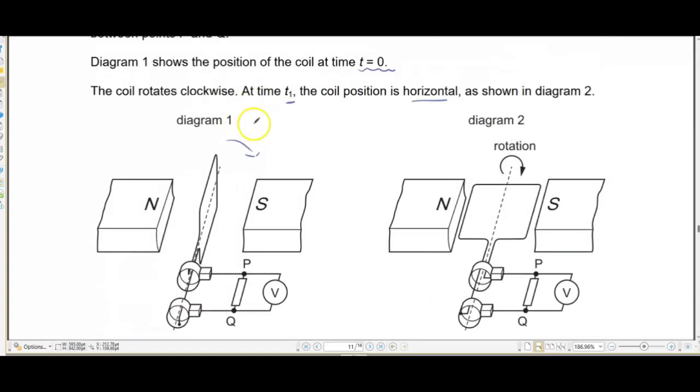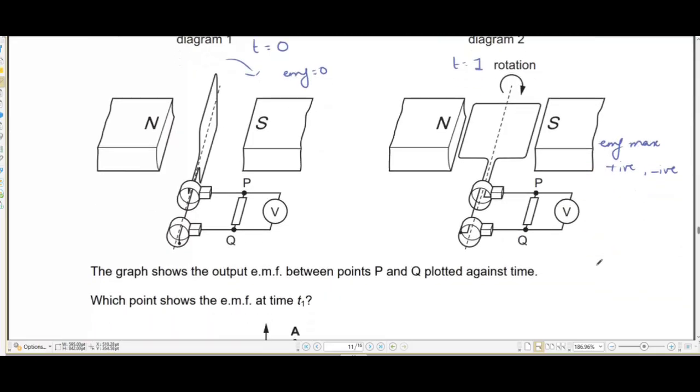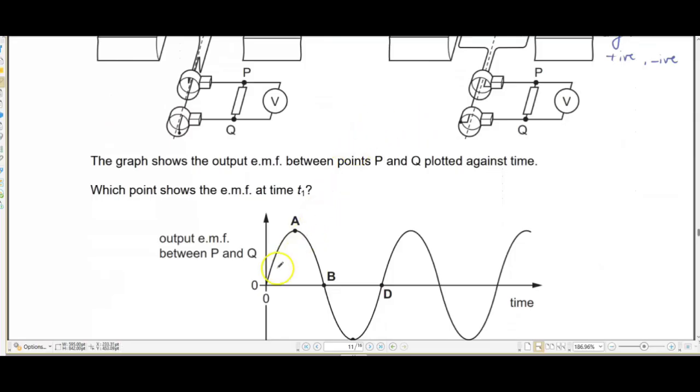Okay, if this is time t0 and this is time t1, we know that when the coil is in the vertical position, the EMF is 0, and when the coil is in the horizontal position, the EMF is maximum, and it might be positive or negative. So at time t0 it's going to be at 0, and at time t1 it's going to be at A, right?